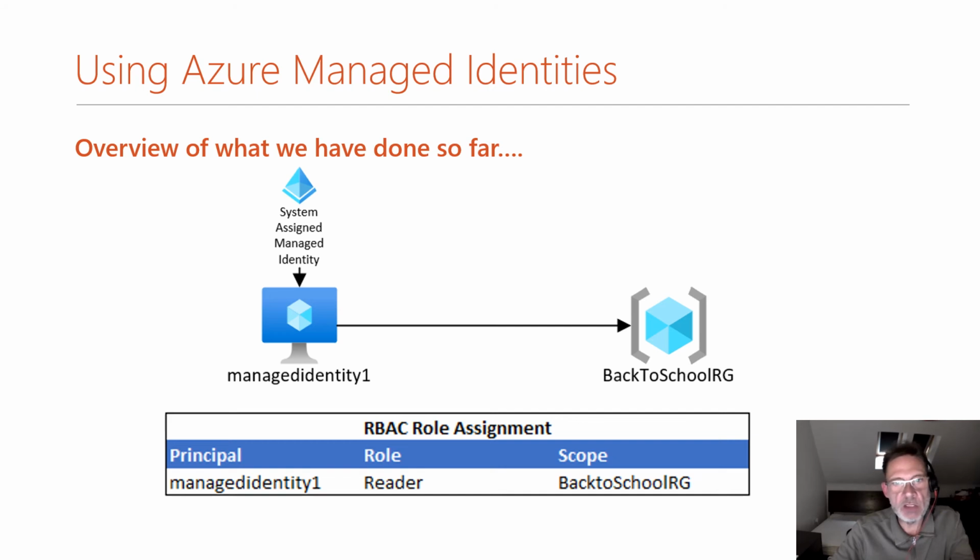We granted that the RBAC role of reader, and the scope was granted to the resource group resource. So I just wanted to make sure that was clear before we go on and access the virtual machine and do the last part of the demo from within the virtual machine, and we go through the activity to make a call to the resource group.